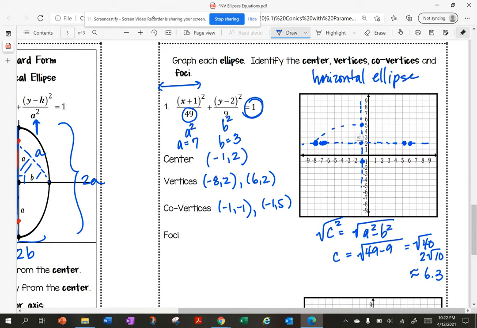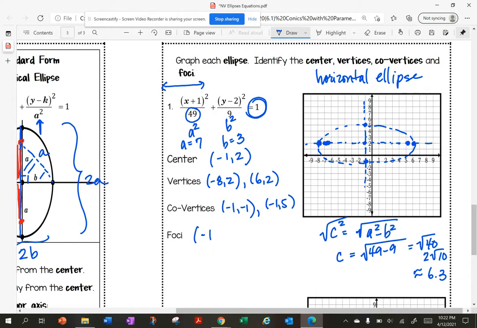Okay, so I'm going to kind of sketch my ellipse in. Here we go. Okay, so my foci are from the center plus or minus C. So my center is at -1, 2.